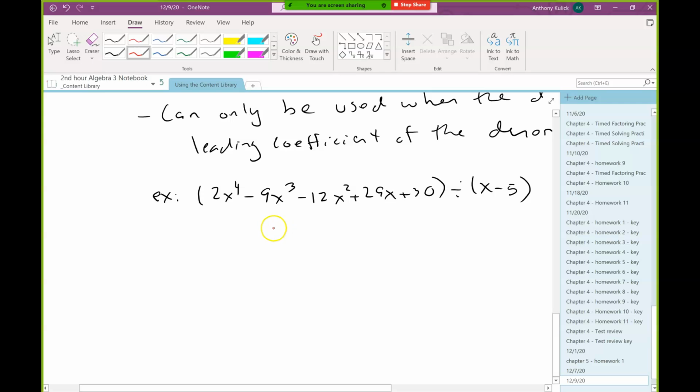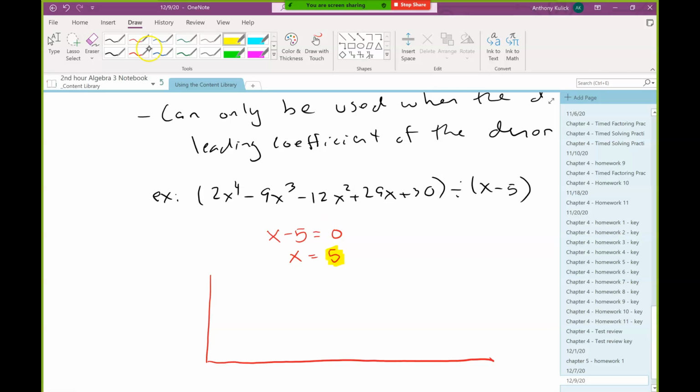Okay, so the first thing we do is we take our divisor and we set it equal to 0 and we solve. That's very easy. And we're going to draw that same kind of setup that we did for synthetic substitution. The number that's going to go on the outside is whatever the solution is to the denominator set equal to 0.